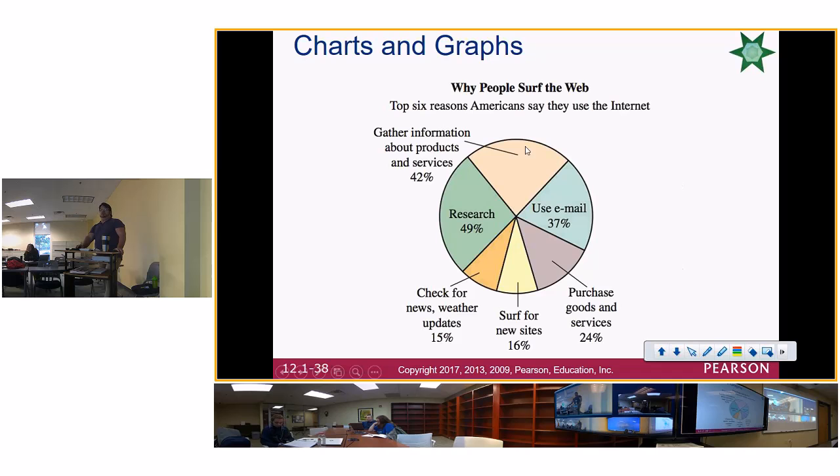Well, this one is not. Why is this not valid? Well, 50 and 42 is 92%. We only need 8% to make it 100. Is this valid? No, it's not valid.